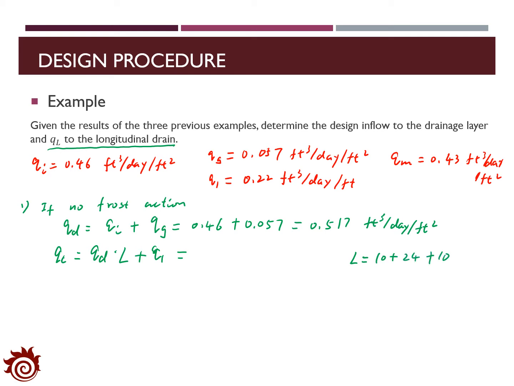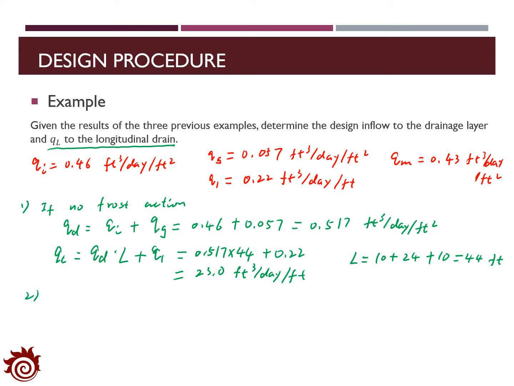Here 10 is the width of the shoulder, 24 is the width of the pavement, that is 44 feet. So we get the result as 0.517 times 44 plus 0.22. So the result is 23.0 feet cube per day per feet.